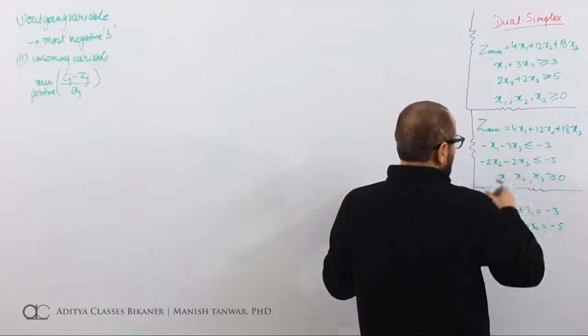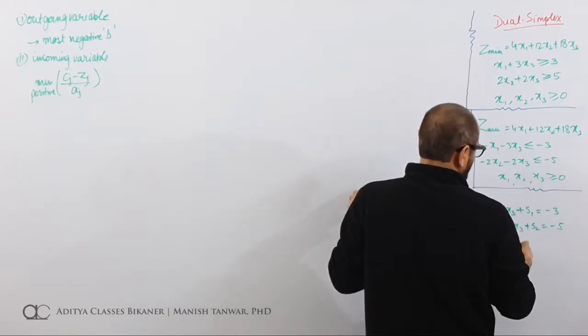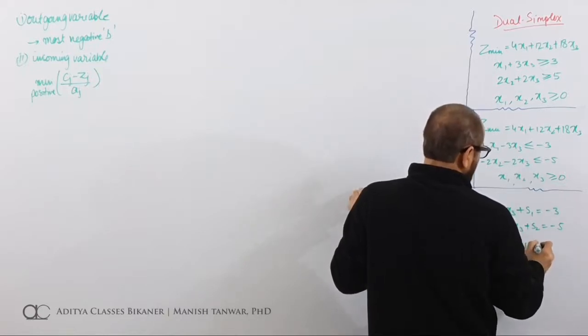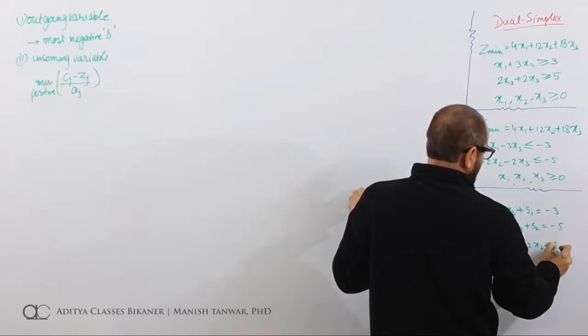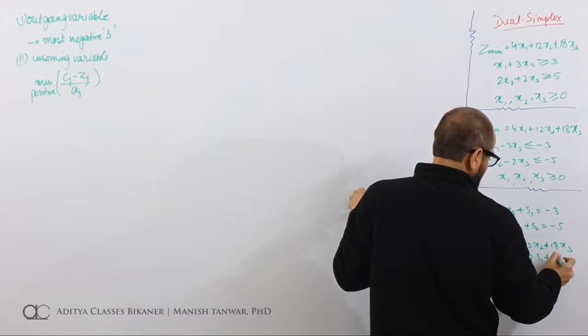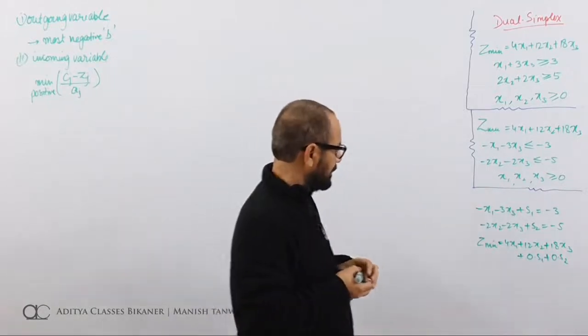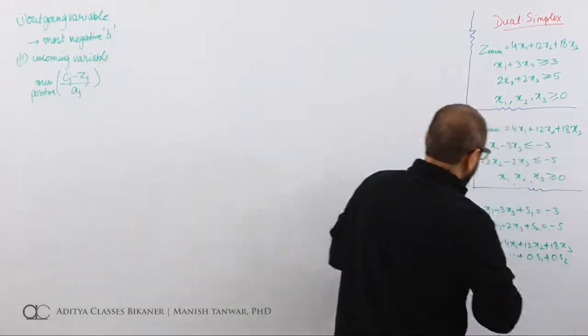S1 is added here, S2 is added here, hence we need to bring them into the objective function also. Z-min is equal to 4x1 plus 12x2 plus 18x3 plus 0s1 plus 0s2. This becomes my standard form.